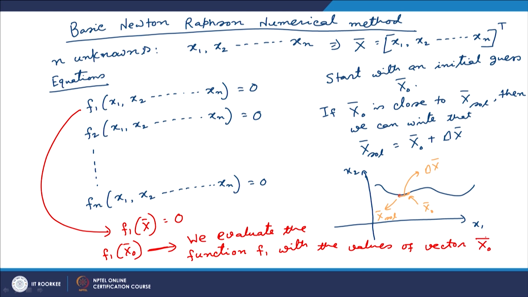We simply take the initial guess x naught, so we know all the numerical values and we substitute them in the expression. Because this initial guess is not the solution, when we evaluate f1 with this value of x naught, this expression will not be equal to 0.